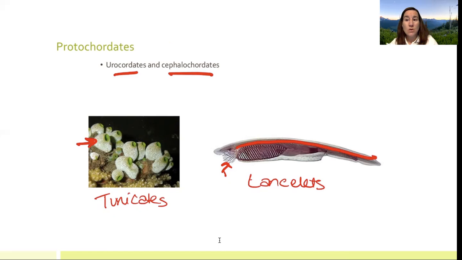What's my last one? Dorsal hollow nerve cord. All of these guys, these protochordates, are the very beginnings of chordates, but they all have these structures at some point. So tunicates, urochordates, and lancelets, cephalochordates, are going to be our first versions, prototypes of chordates.